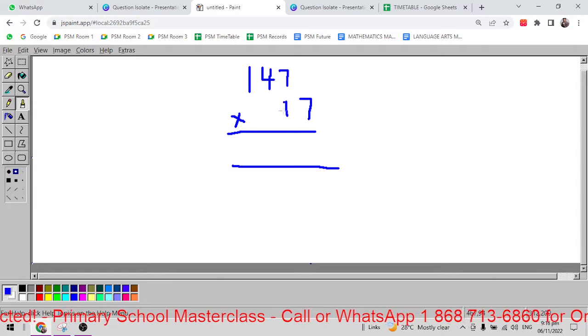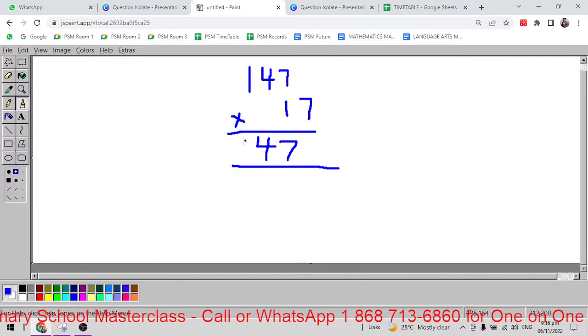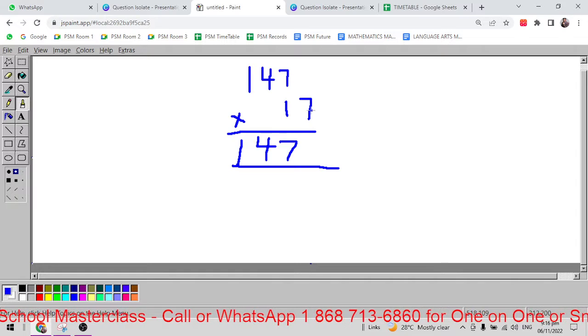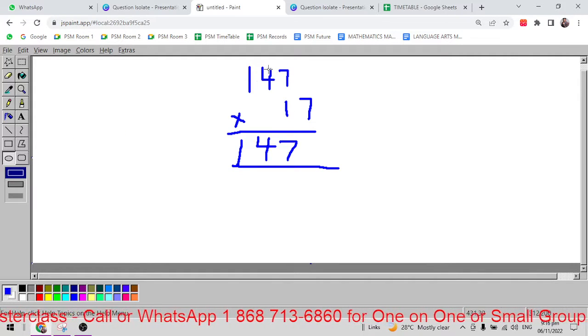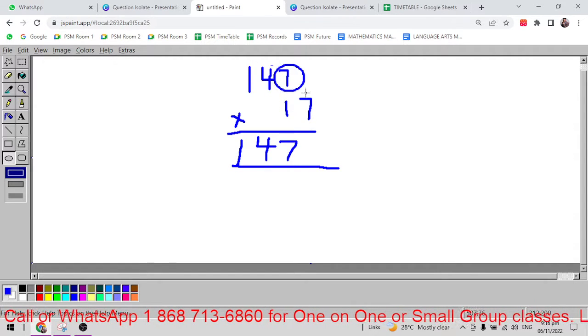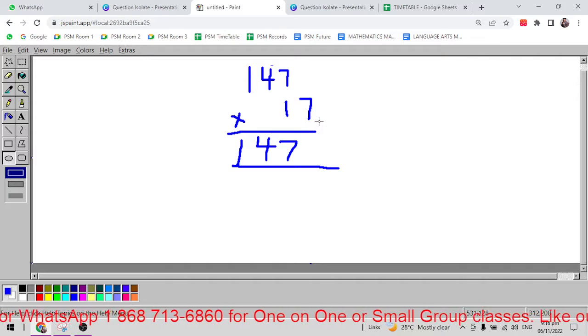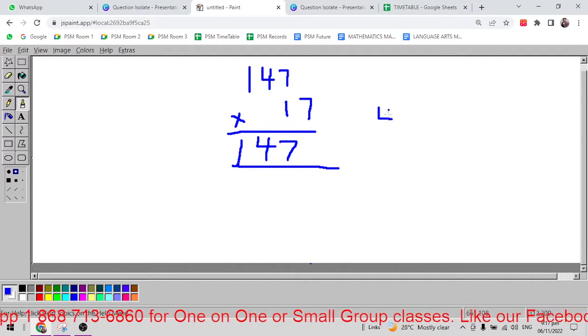So we can say 7 ones are 7, 4 ones are 4, 1 one is 1. Then I put a 0 and multiply by the 1 now. 7 sevens are 49.